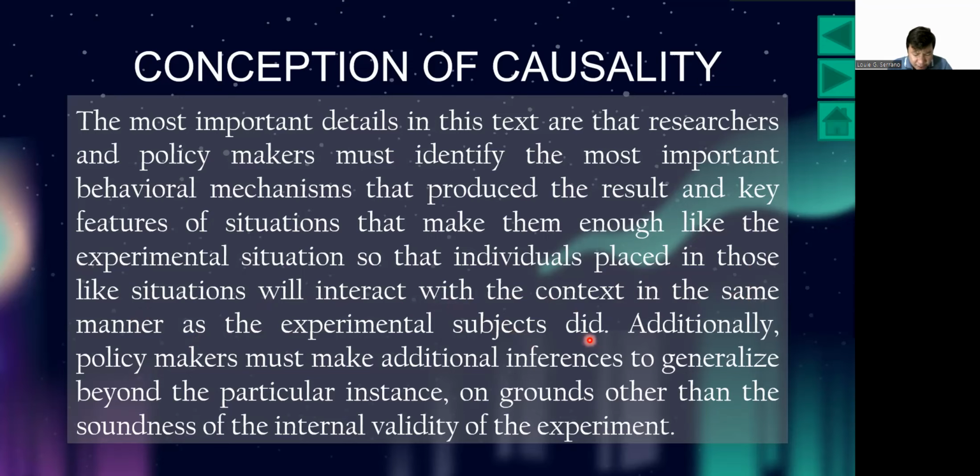So, researcher and policy, kailan nila natukoy ang mga mahalagang behavioral mechanism na magresulta na maaari itong gawin gabay ng mga tao na naka-experience ng same situation. In addition, policymakers must make additional inferences to generalize beyond the particular instance on grounds other than the soundness of internal validity of the experiment.